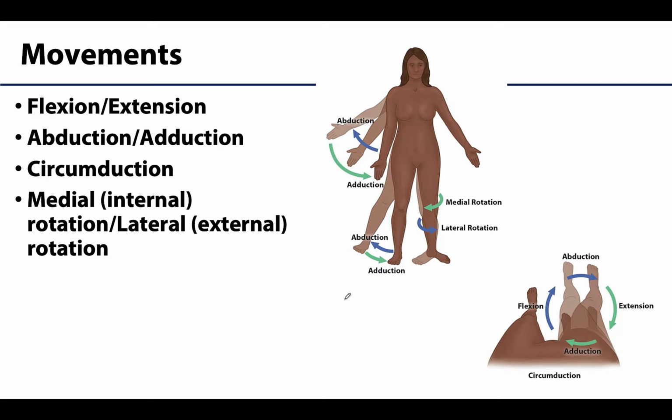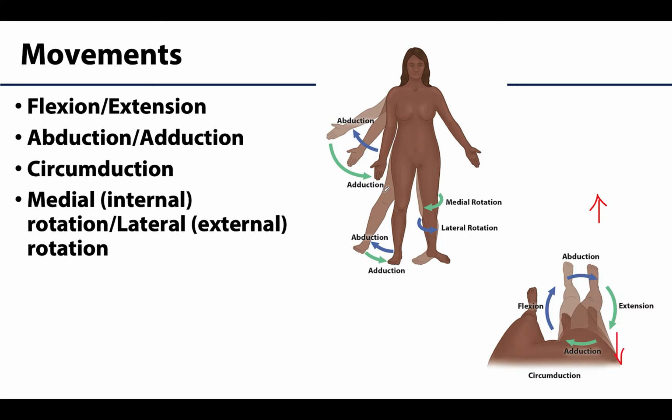The hip joint is capable of all actions that a ball and socket joint can do, which is all the actions really that a synovial joint can do. So you can have flexion and extension. So think flexion is moving the thigh anteriorly in the sagittal plane with extension moving it back.